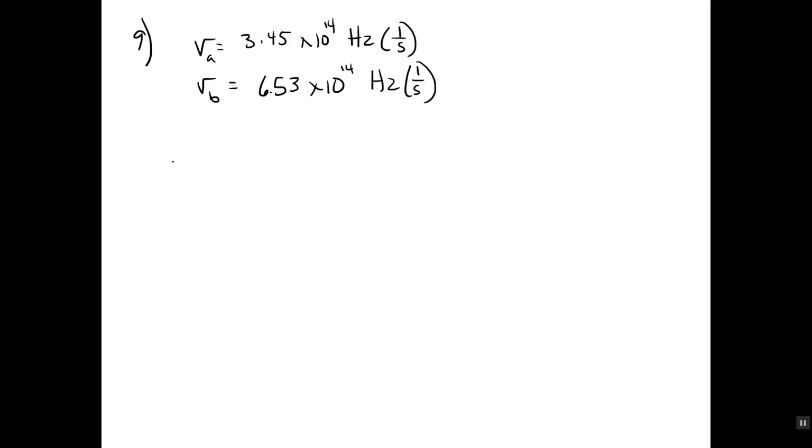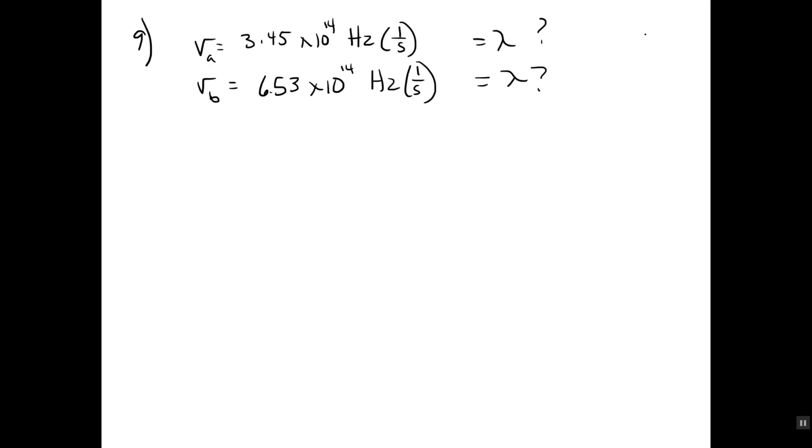Alright, so what are the wavelengths? So it wants to know the wavelengths this time, the energies per photon, and the colors of the lines and all that. Essentially, we're just going to solve for what the wavelengths are.